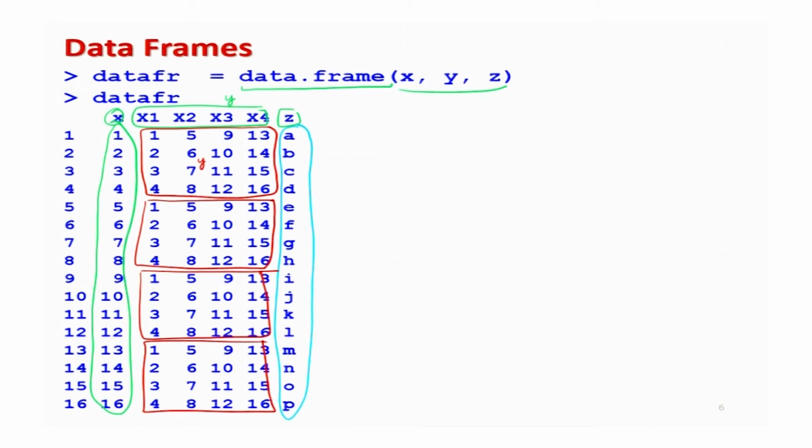There were 4 observations in one column, and in another column there are 16 observations. So, it has repeated the matrix y 4 times here.